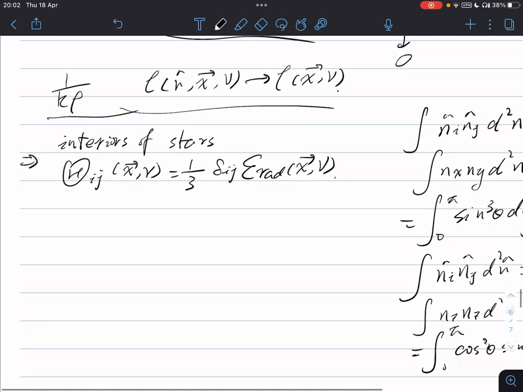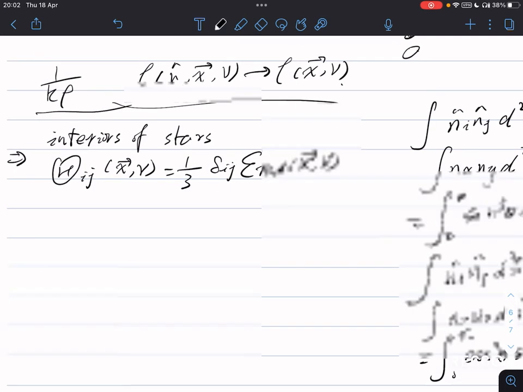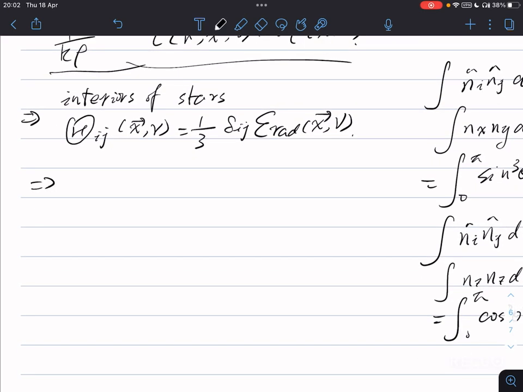And in the interiors of the star, we can assume the radiation is in thermal equilibrium with local matter at temperature T. So we obtain that epsilon radiation x nu equals B_nu(T).